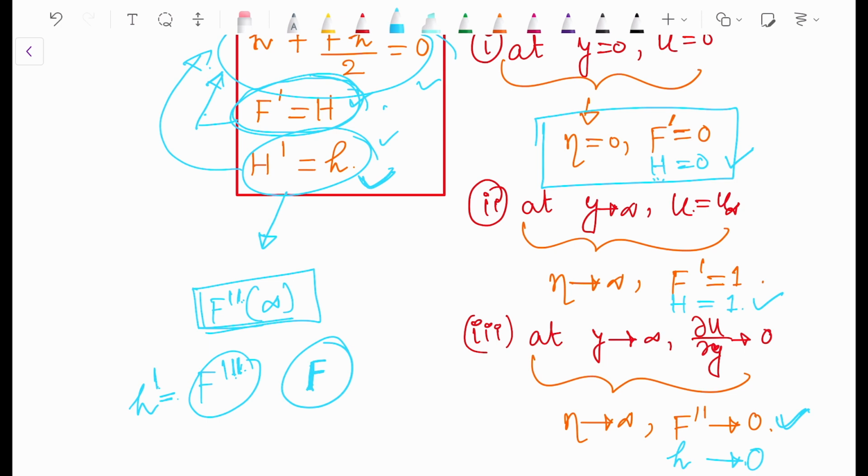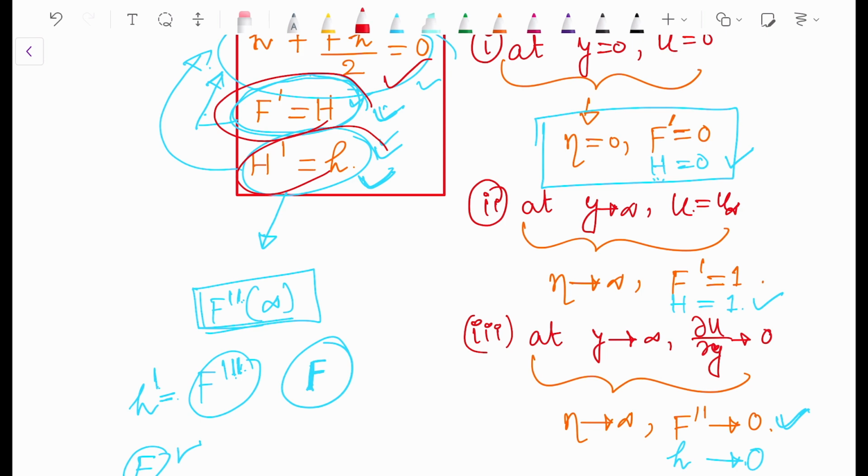So the shooting method is nothing but solving for the value of f. One technique is to assume some value of f, and then solve for these three one by one, and then find f double dash at infinity. If that is coming to 0, then you are right.